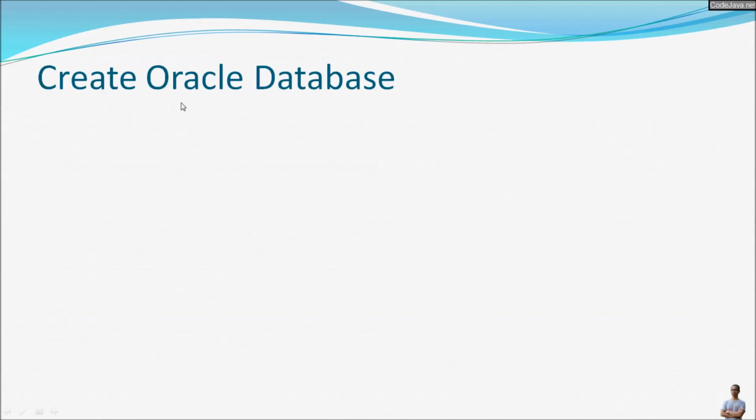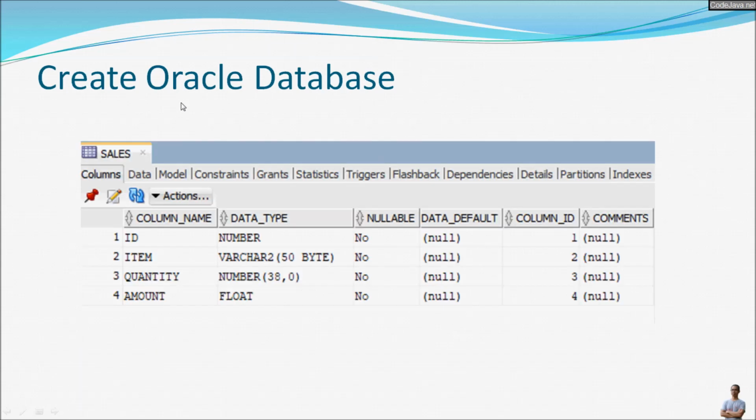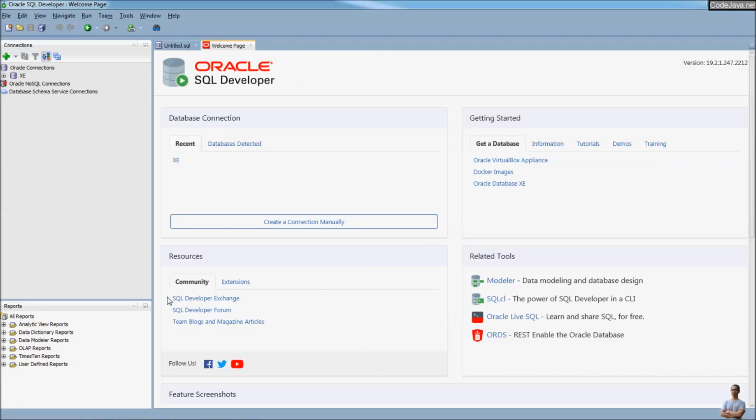Next, let's create a table in an Oracle database. The table name is sales with the following columns: ID, item, quantity, amount. Now this is the Oracle SQL Developer tool that allows programmers and developers to manage Oracle database.